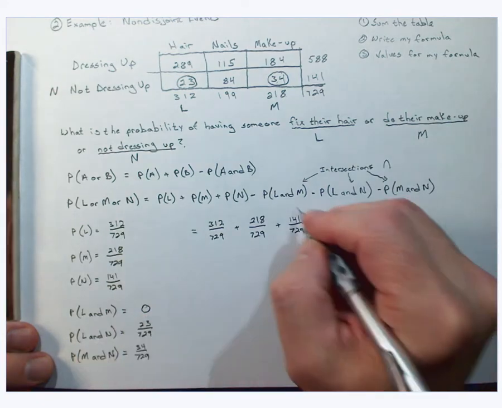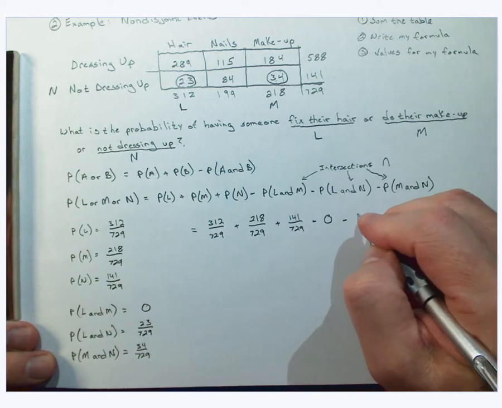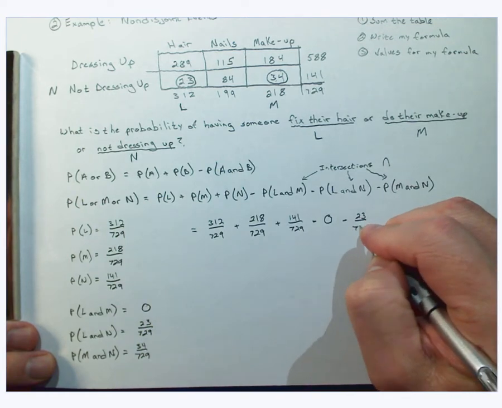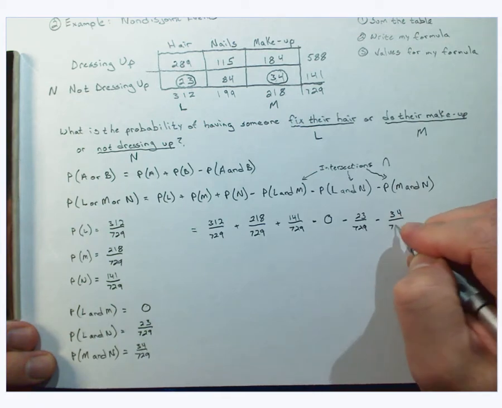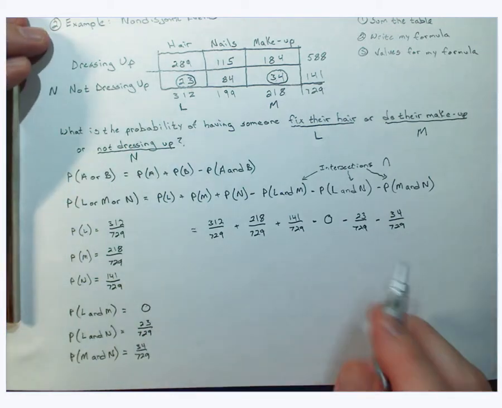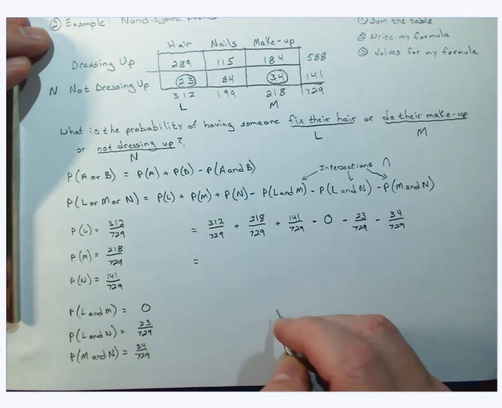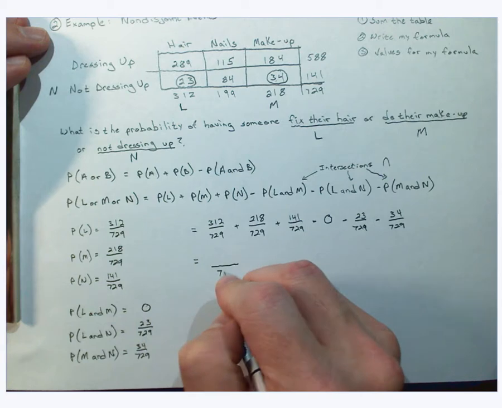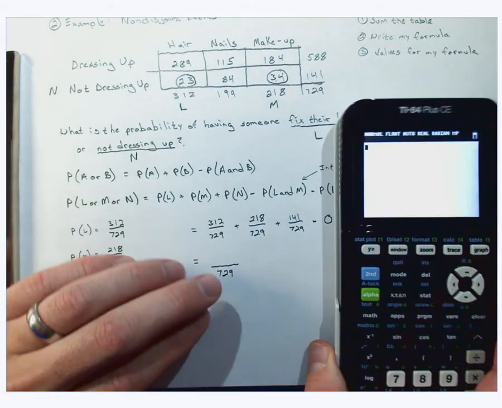That's the L and M, minus L and N 23 over 729 minus 34 over 729. All of our fractions have the same denominator, so really all I'm doing is adding and subtracting numerators. And I'm going to place that value over 729. And I can't do that in my head.